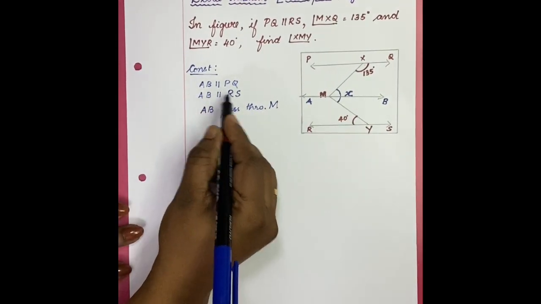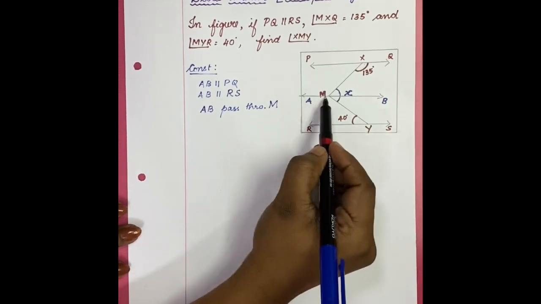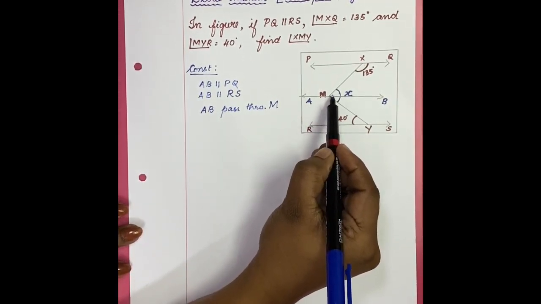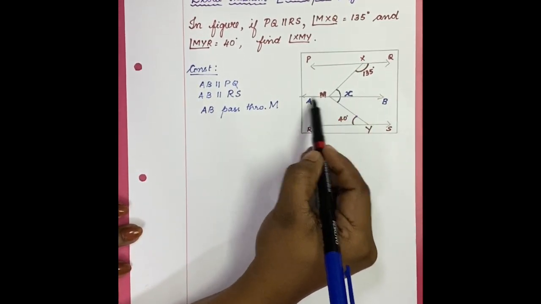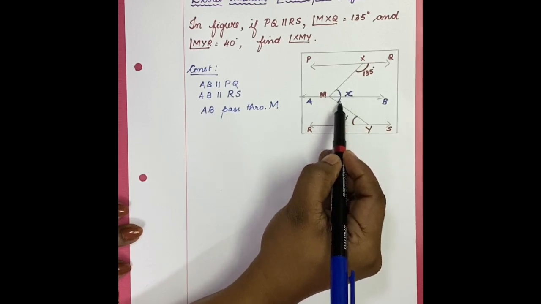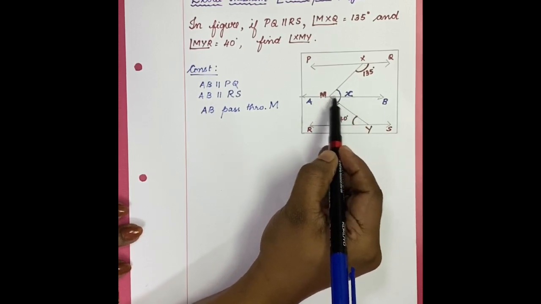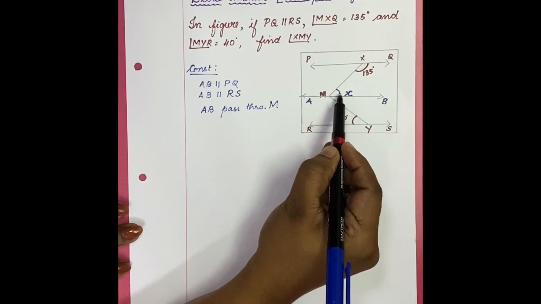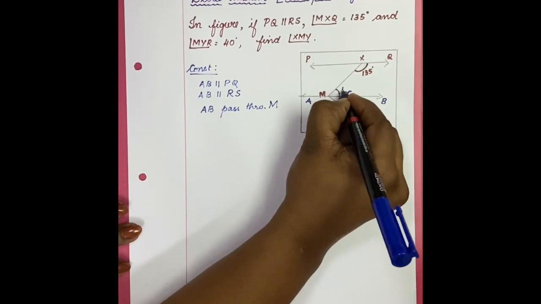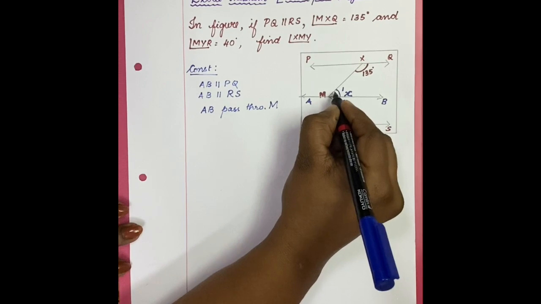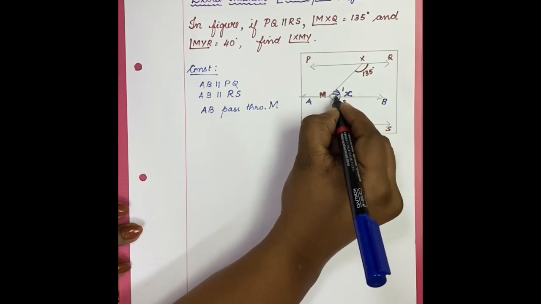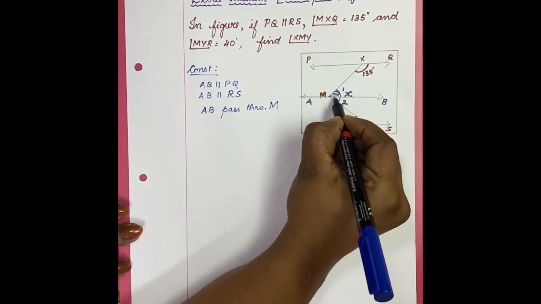It is parallel to both the lines and AB passes through the point M. So now this line is intersecting the angle X, so X is becoming angle 1 and angle 2. Now my duty is to first find the measure of angle 1.